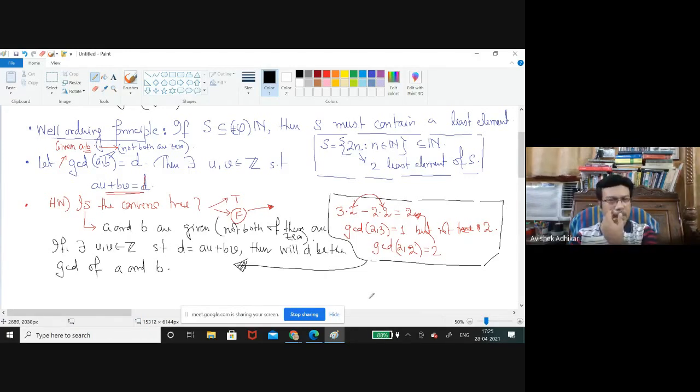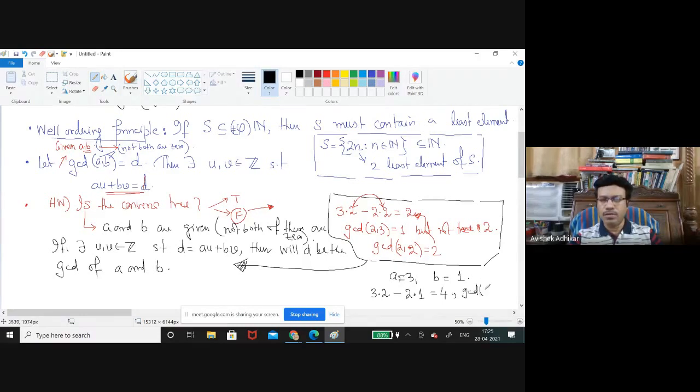If I take 3 into 2 minus 2 into 1 equals 4. Sorry, what is your A and B? A equals 3, B equals 1. So 3 into 2 minus 2 into 1 equals 4, but the GCD of A and B is not equal to 4.